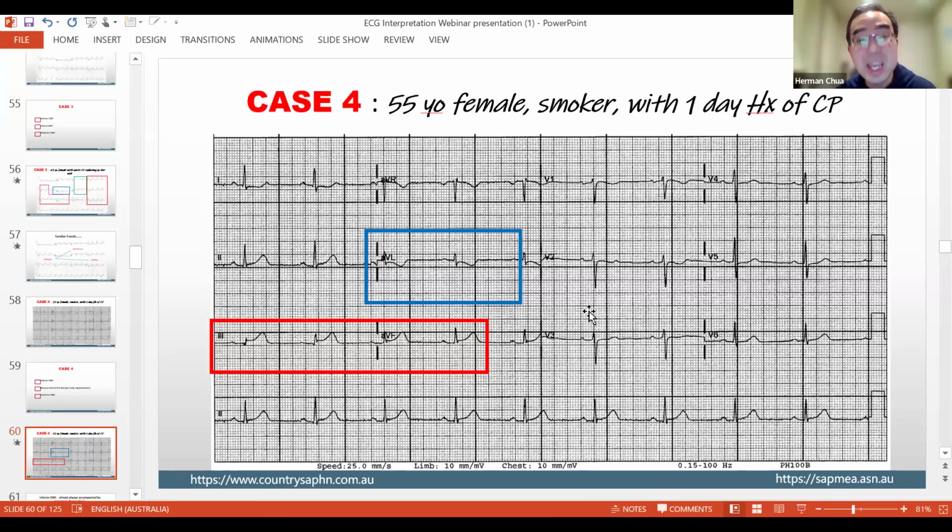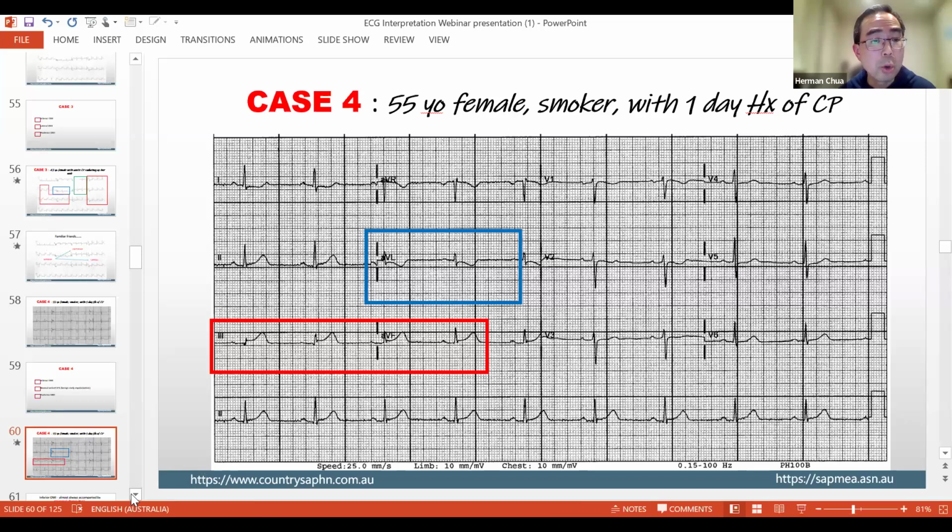In this case, there is actually involvement of the posterior wall as well. Very subtle, but definitely there is, because that's not normal. It's very flat, and you can see the segments are very flat throughout here as well. But if you don't get that, you should get this, the fact that it's actually an inferior.